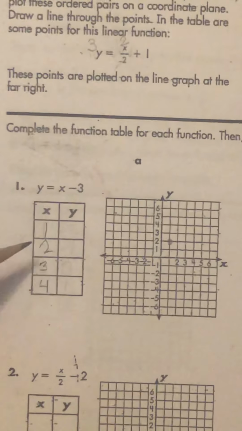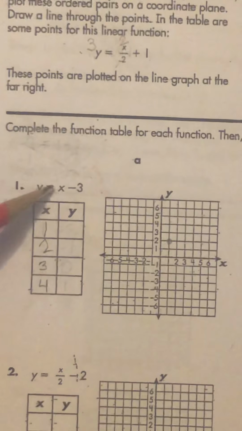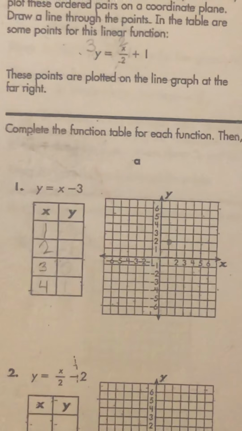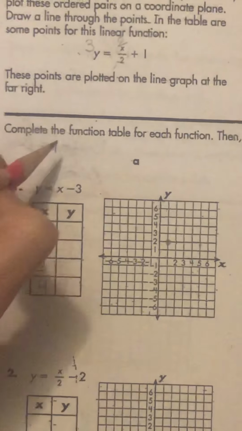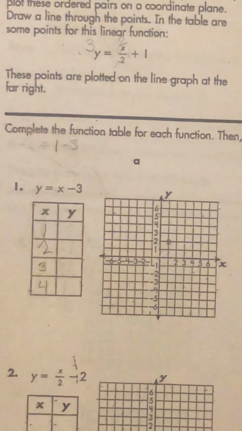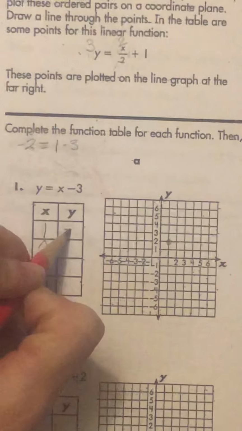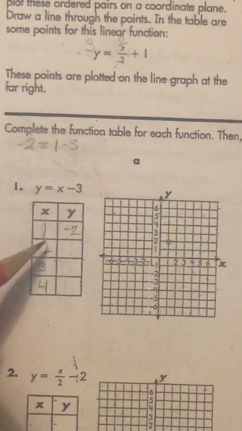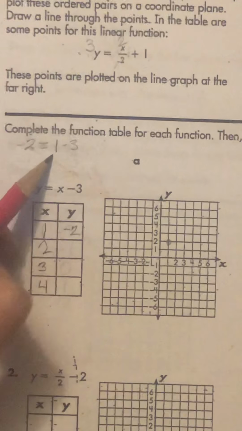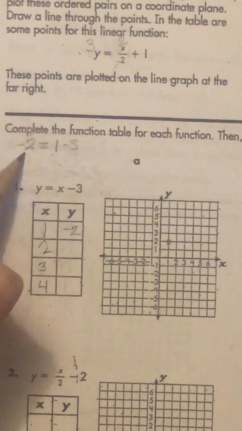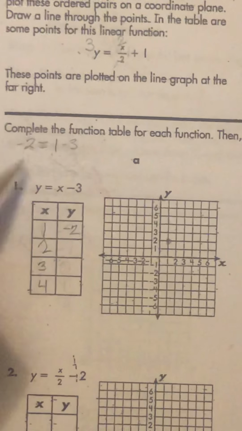Okay, let's plug the x values into that function equation. So when x is 1, I've got 1 minus 3, and 1 minus 3 equals negative 2. When I plug in x is 1, the answer is y, and y is my output, or my y value. So when x is 1, y is negative 2.